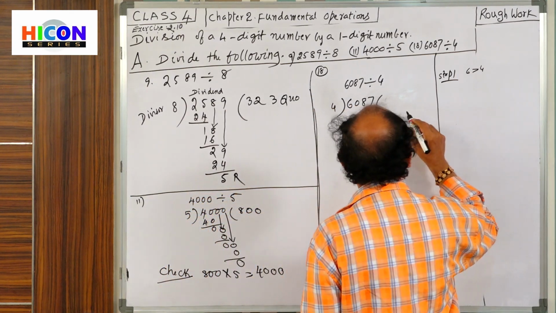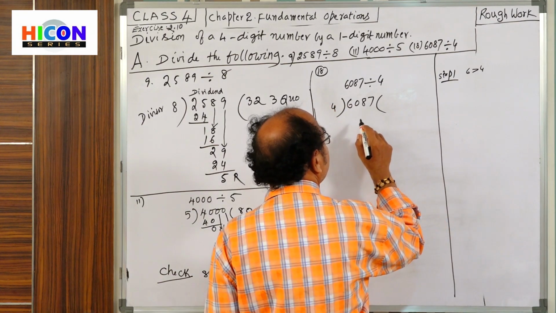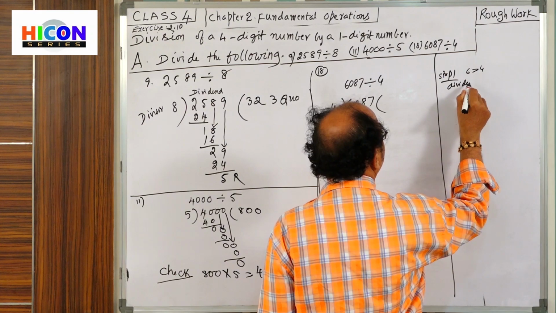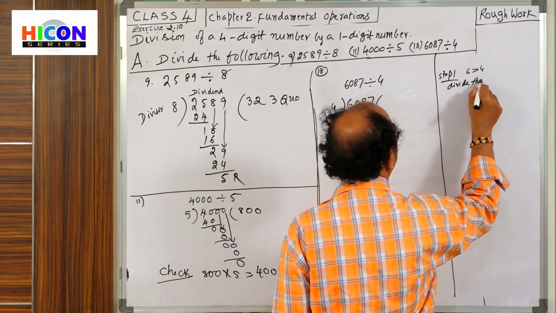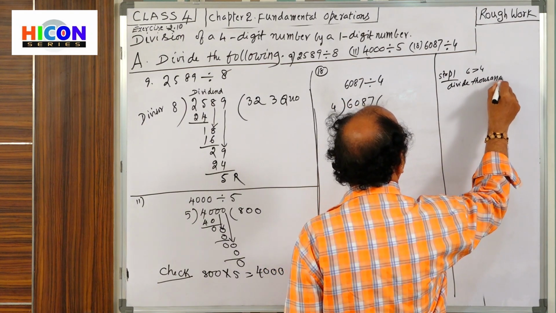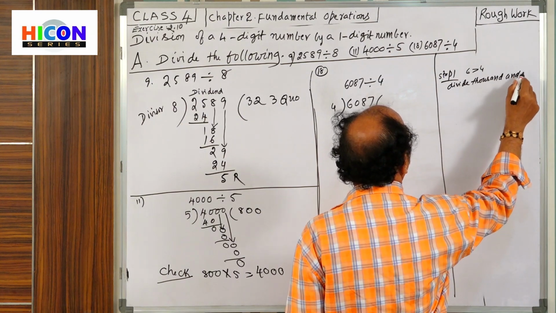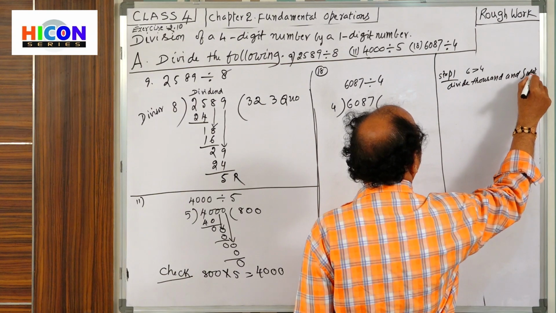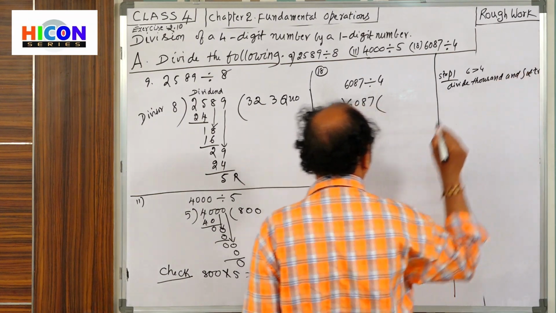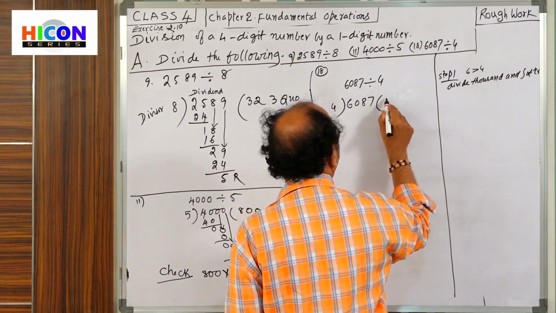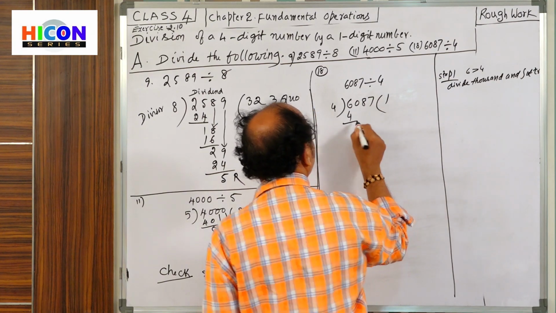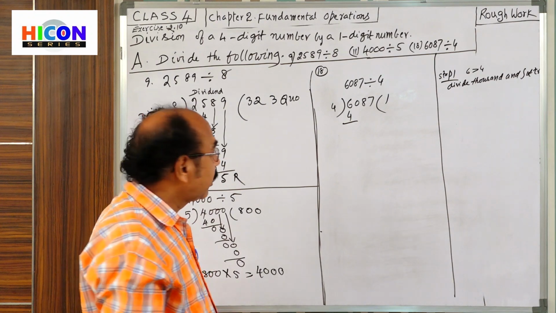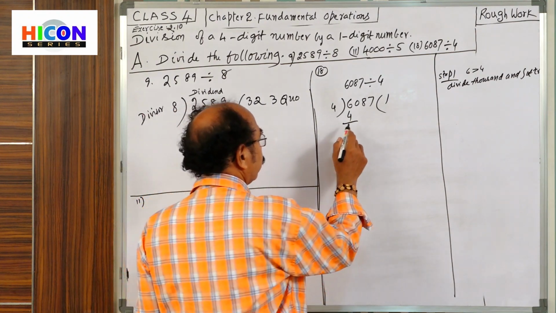So 6 divided by 4, how many times? Divide thousands and subtract. So here 4 ones are 4. What is the remainder? 2.